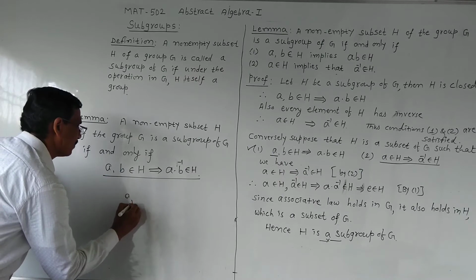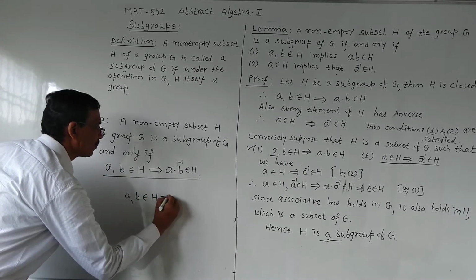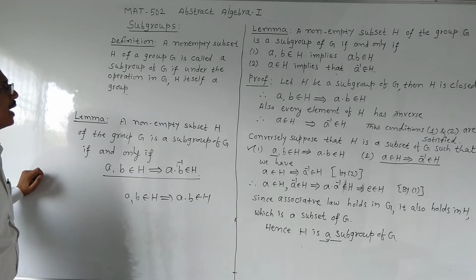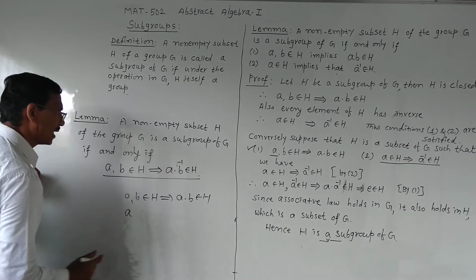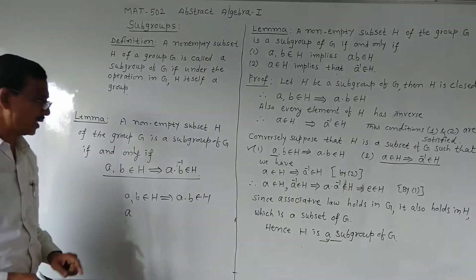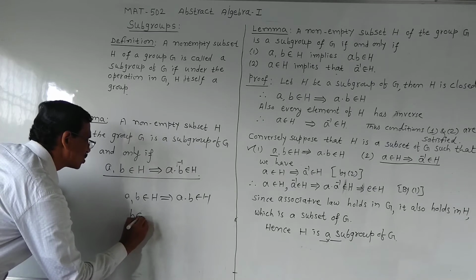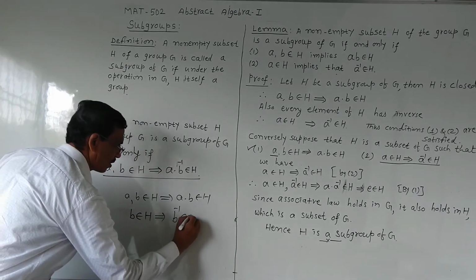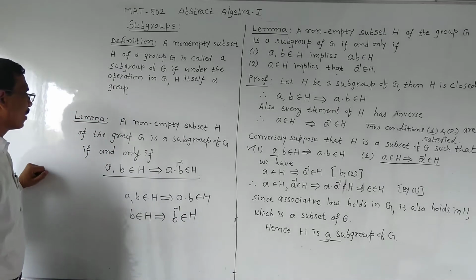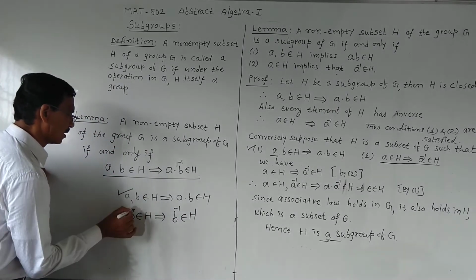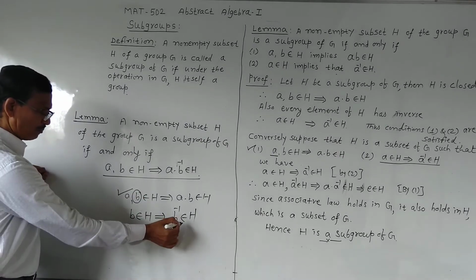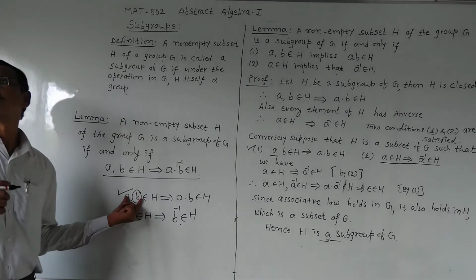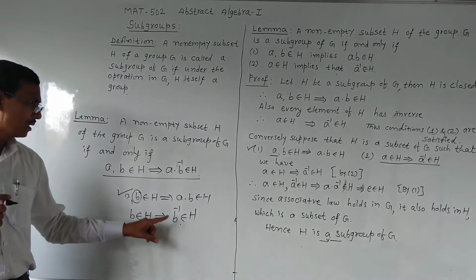The first condition is A, B belongs to H implies A dot B belongs to H. The second condition is A belongs to H implies A inverse belongs to H. Similarly, B belongs to H implies B inverse belongs to H. Now in the first condition, we can replace B by B inverse because B belongs to H. This is true for every 2 elements of H. Therefore, it must be true for A and B inverse.